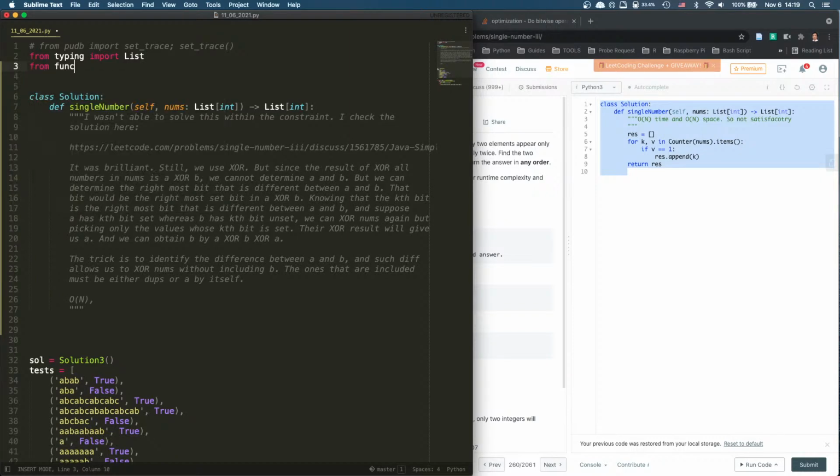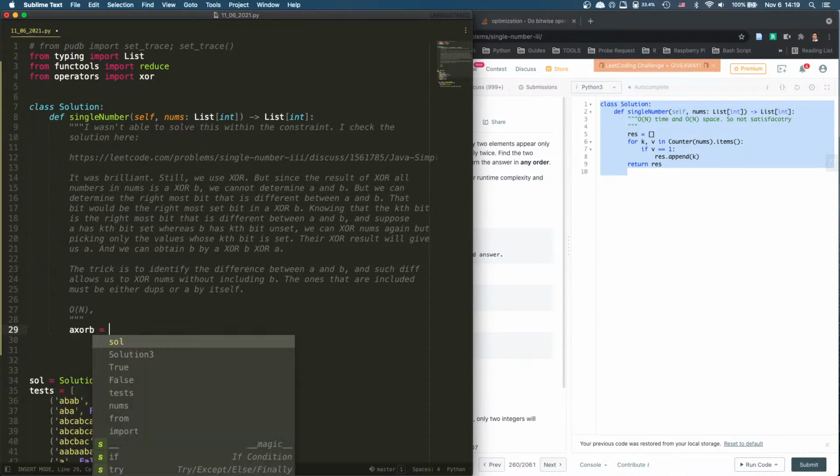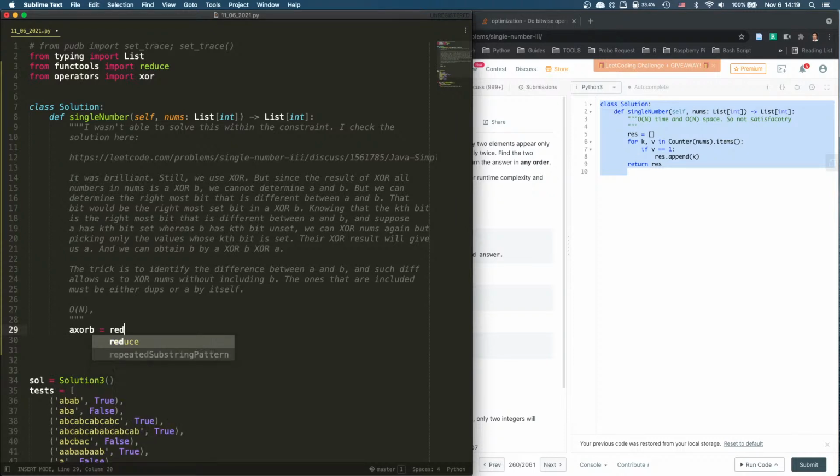So from functools I import reduce, from operator import xor, right? So we're going to say A exclusive OR B equals reduce XOR nums.